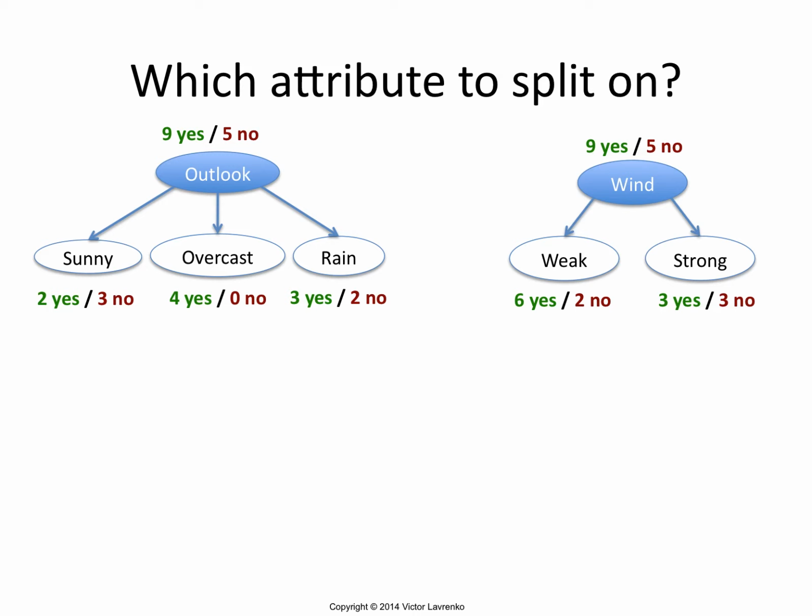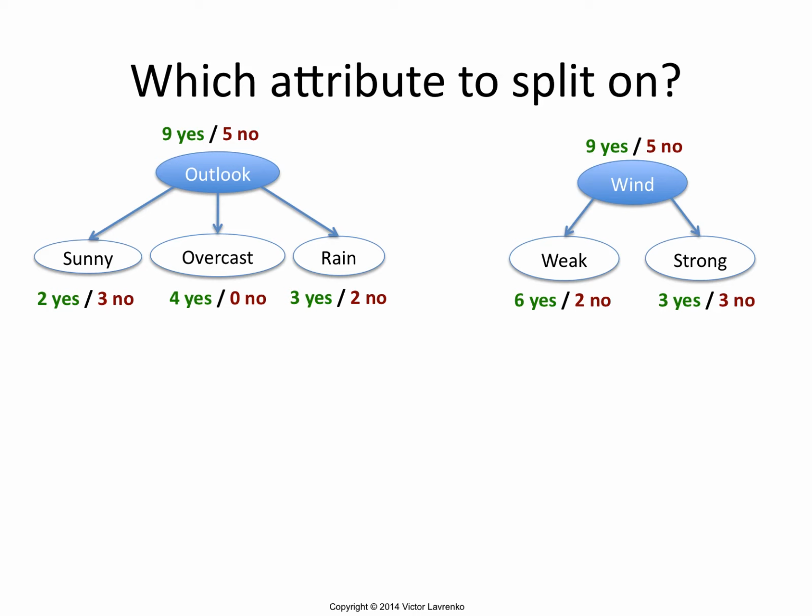So in general, what you want out of a decision tree is a split that gives you subsets that are heavily biased towards either positive or negative. And why is that? That's because if you have a subset that's mostly positive, that means that presence in that subset tells you a lot about what you're trying to predict.